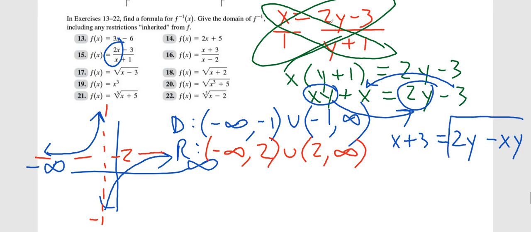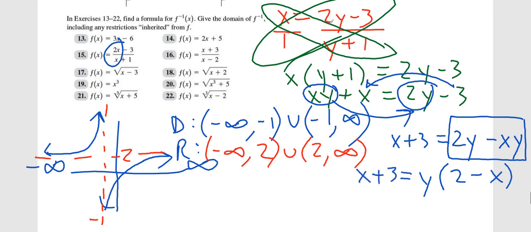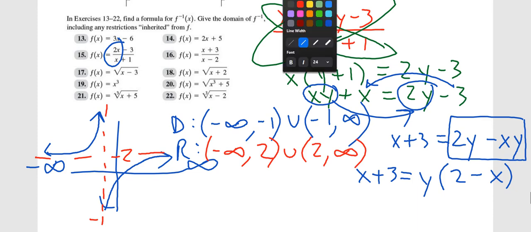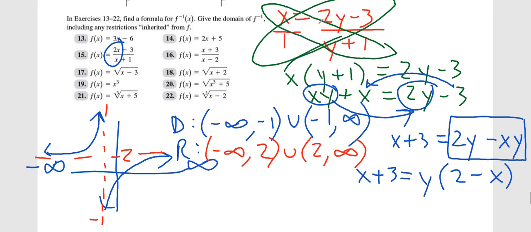What can we do with this? Take out a y. I mean, not like with a contracted killer, but you know. Okay, we'll let that one sink in. All right, now what do we do? How do we get y by itself? Divide. Divide by 2 minus x.